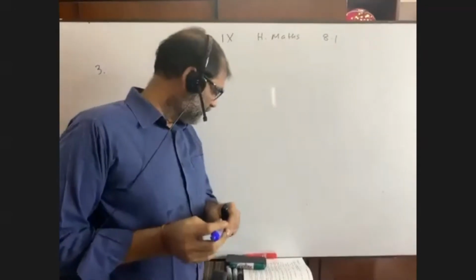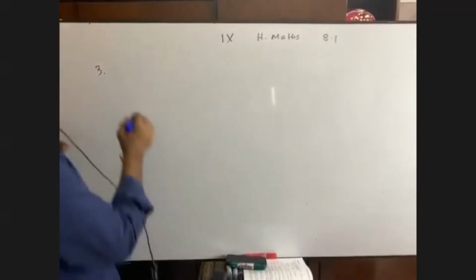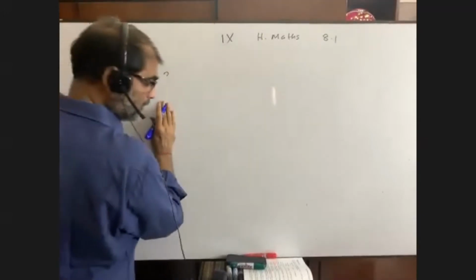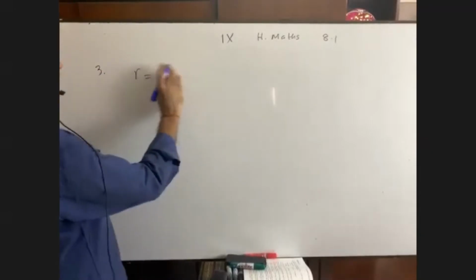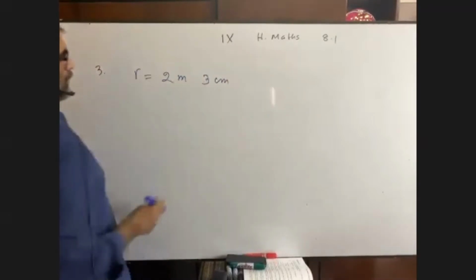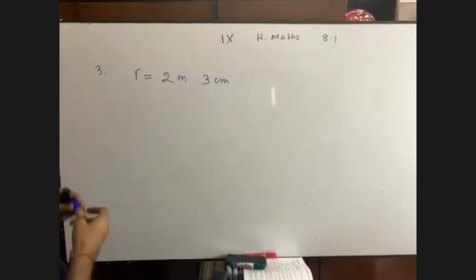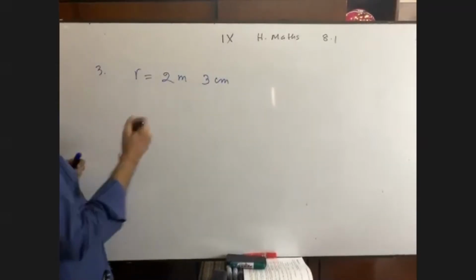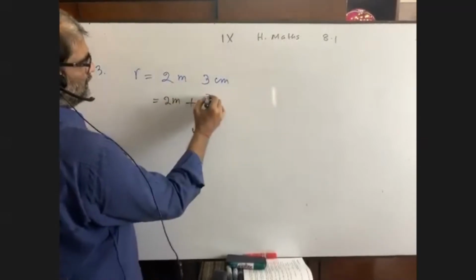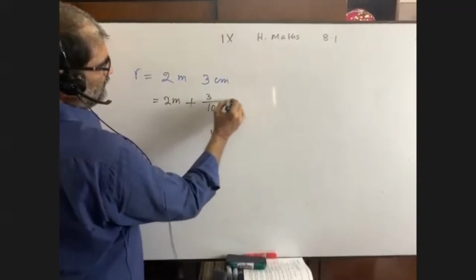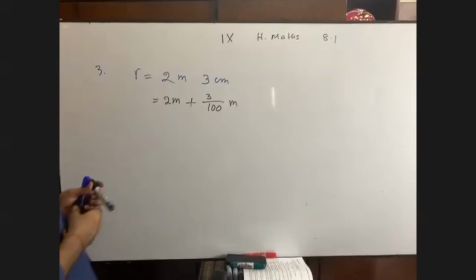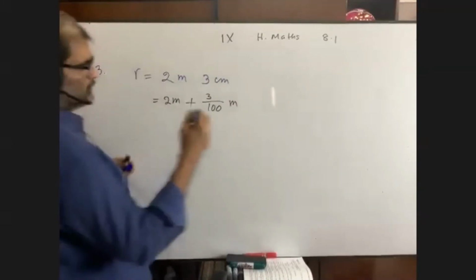The radius of a wheel is 2 meter 3 centimeter. What should we do? 2 meter 3 centimeter means 2 and 3 by 100 meter, because 100 centimeter equals 1 meter.